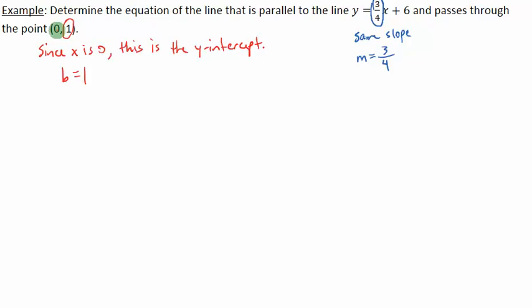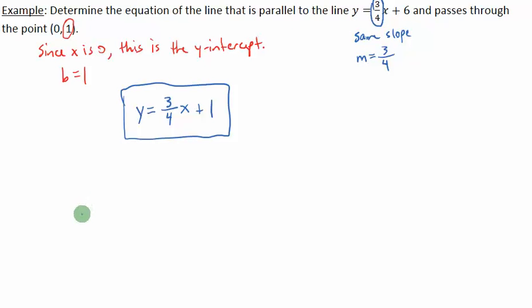But since the x is 0, we recognize that this is the y-intercept, therefore b is 1. So the answer is y equals mx plus b, where m is 3/4. So we have y equals 3/4 x plus 1. And that's the answer to this one. So again, not terribly difficult. They just didn't give us the slope directly, and they didn't give us the y-intercept directly.